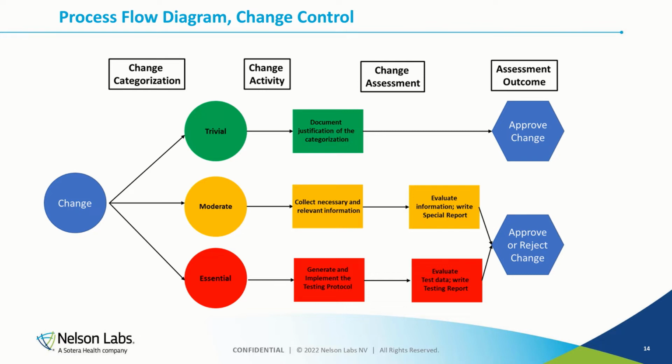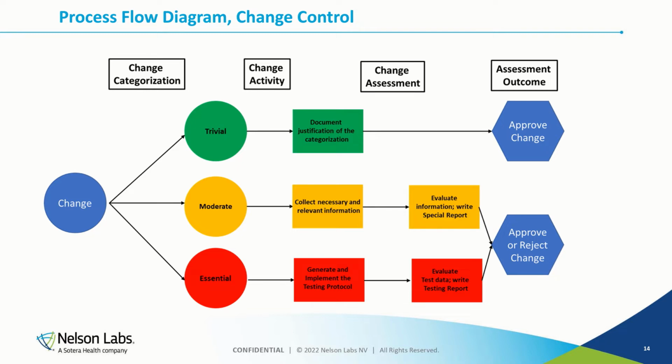For example, if it's a trivial change, maybe the activity boils down to simply documenting the fact that a change is happening, noting the process by which the change was categorized as trivial, and then immediately going to approving the change. There is no change assessment. That's the value of being able to categorize a change as trivial.